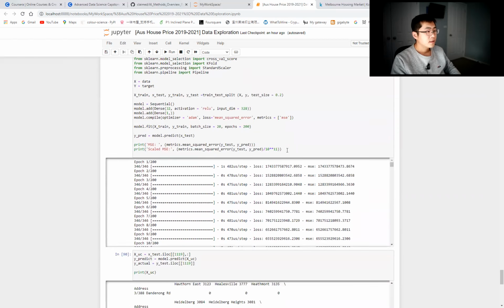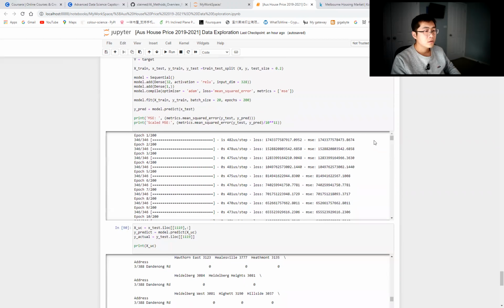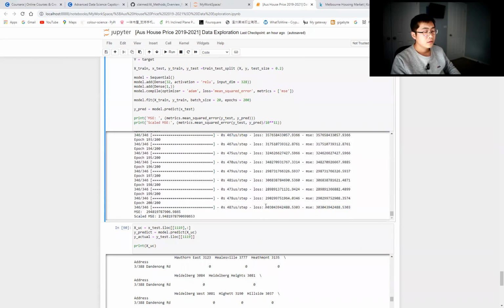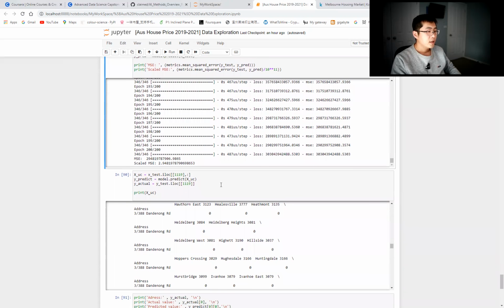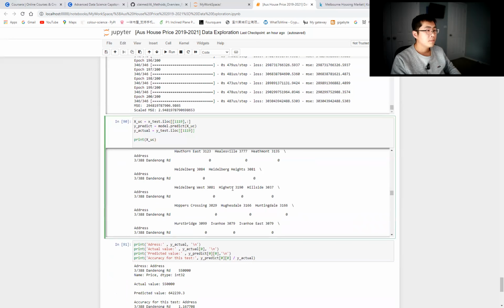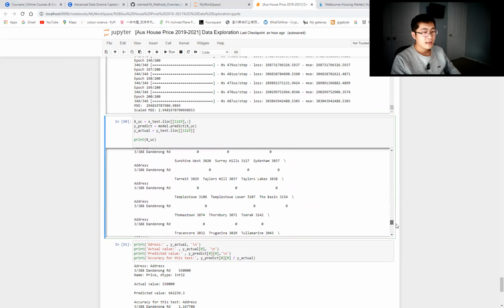And here we go. We start the model, and during the machine learning process, the machine was able to bring down the loss from this number to only about this number, which gives us a scaled mean square error about 2.9 on average. Again, pick up a random house, which is 3/388 on Dandenong Road. Let's see if it's a house or something.